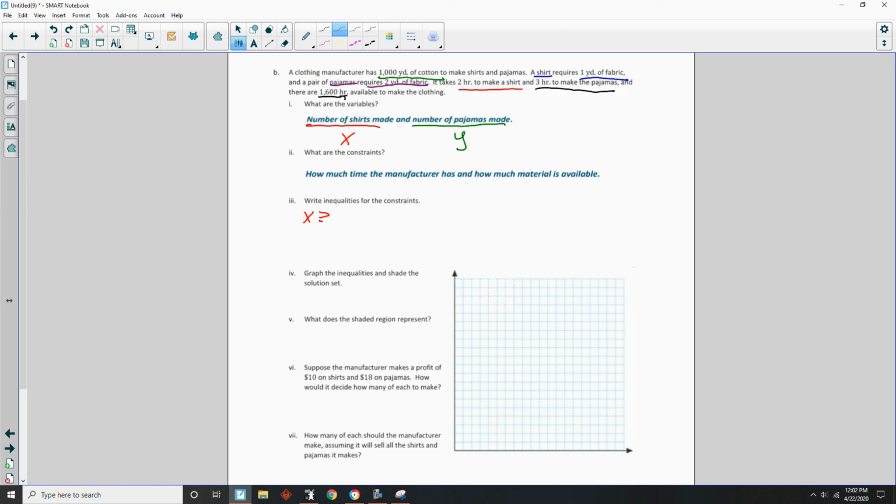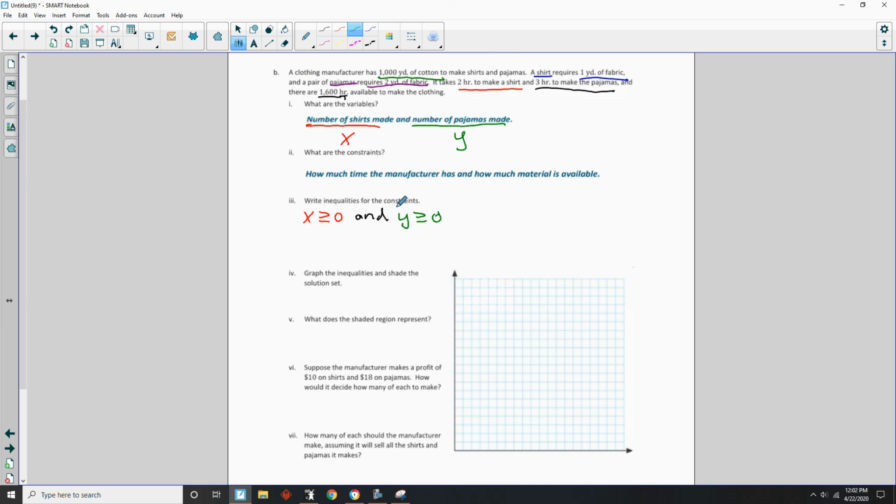So the number of shirts made has to be greater than or equal to 0. Same goes for the pajamas. We can't make negative numbers of pajamas, but we can make 0 or more. So Y is greater than or equal to 0. That deals with just the number of shirts and pajamas made.